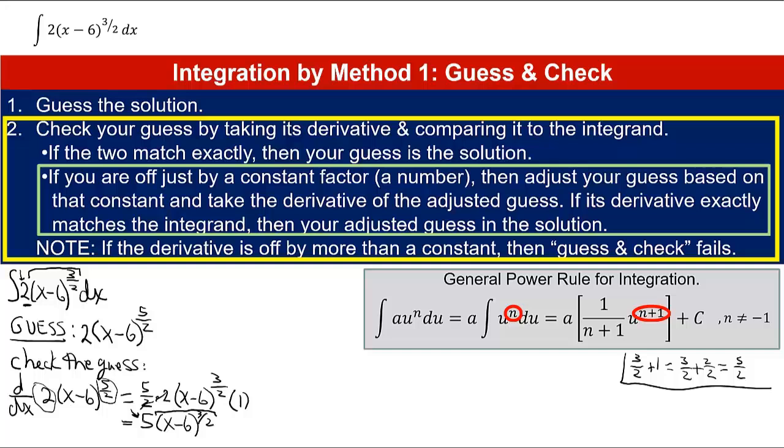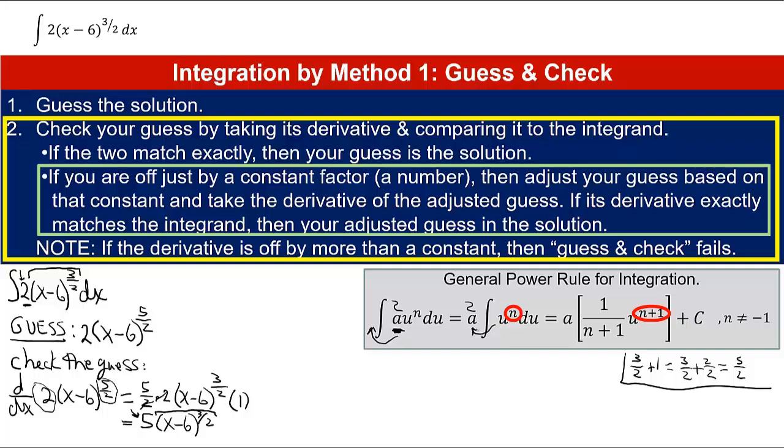If it doesn't work out exactly, I would suggest going back to the general power rule formulation. This a in the formula is like the 2, and I would suggest taking that a and moving it outside the integral sign. We're allowed to do that. We can move a constant factor outside the integral sign.